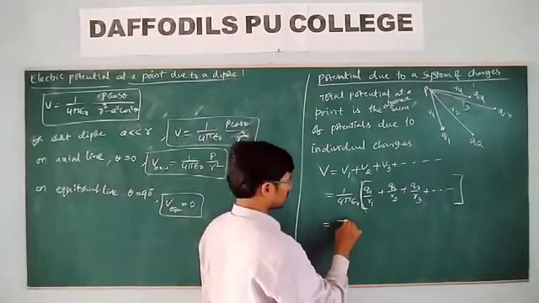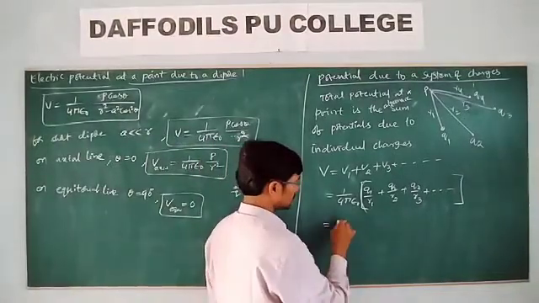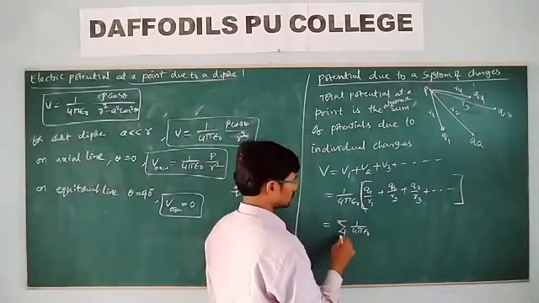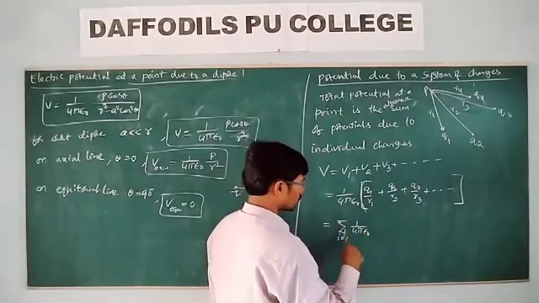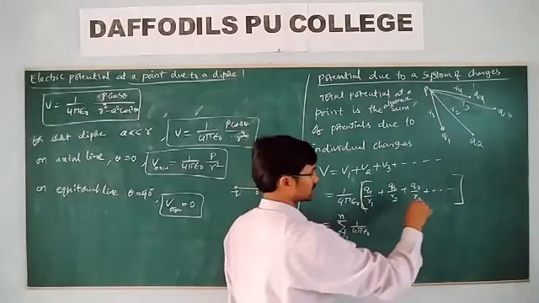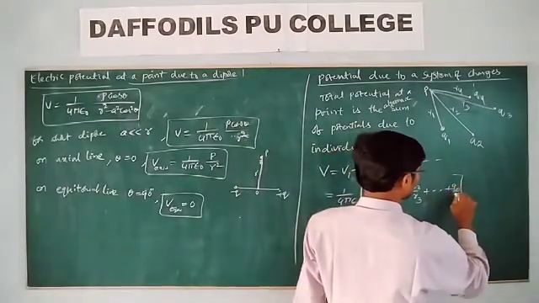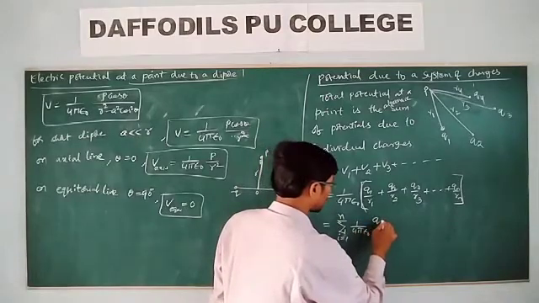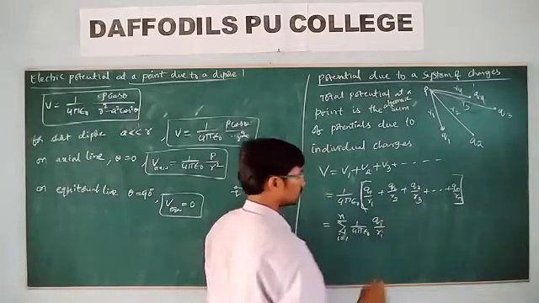If you write it with sigma, 1 by 4 pi epsilon naught is common, i is equal to 1 to n for n number of charges, Qi by ri.